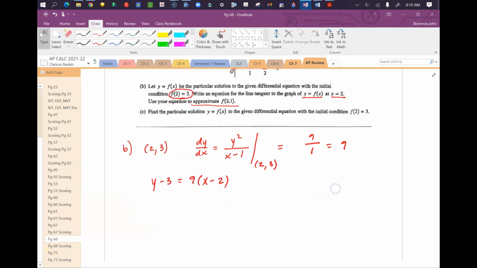And we are going to use that to estimate f of 2.1. So f of 2.1 is approximately equal to y of 2.1, which is going to be equal to 9 times 2.1 minus 2 plus 3, and if we simplify that, we get 0.9 plus 3, or 3.9.